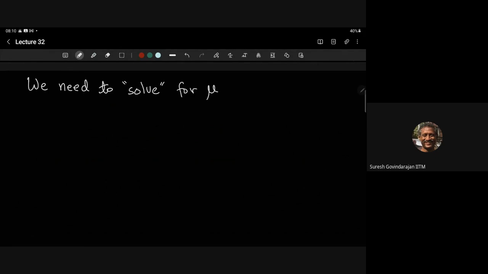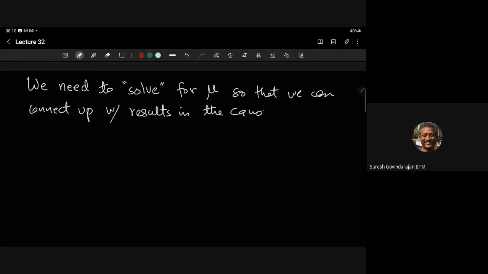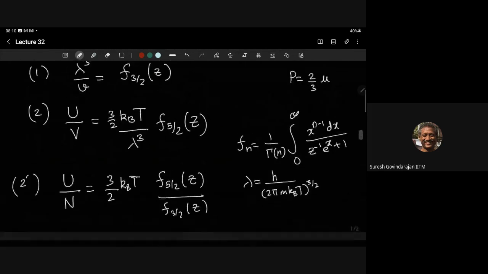We need to solve for mu, so that we can connect up with results in the canonical ensemble where the number N is given. For that, equation 1 is sufficient.